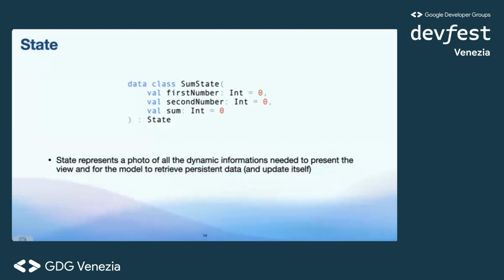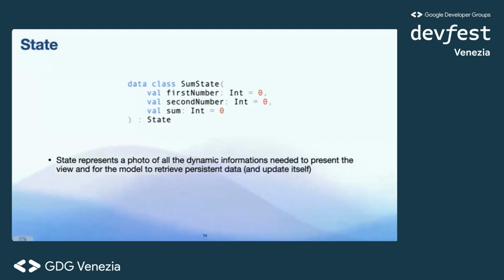Let's say for a moment that we have a layered architecture. We have a data layer and a domain layer. So the model communicates with the domain layer to get some data, okay? We can actually have a state model to store all this data we're getting from these calls.